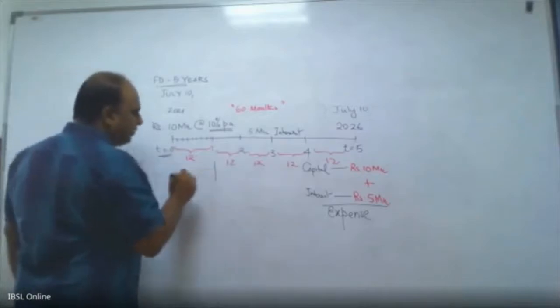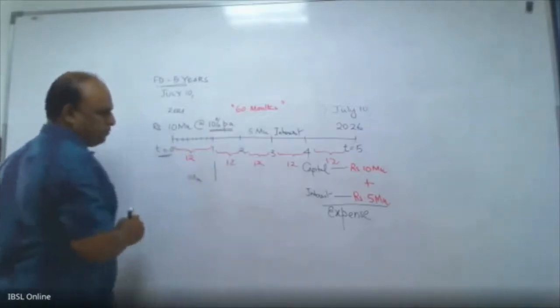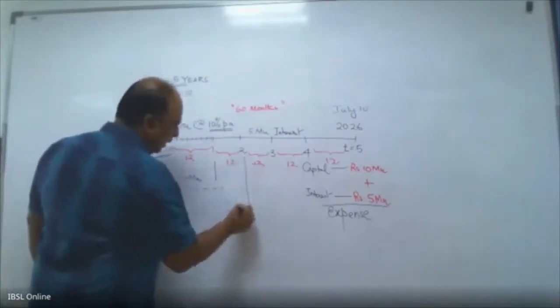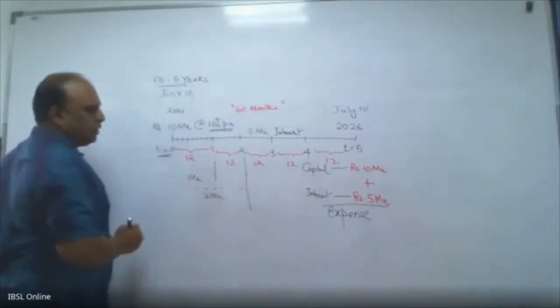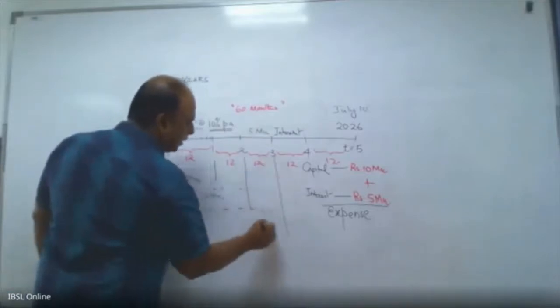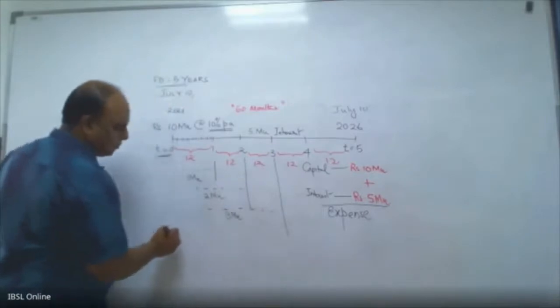By the end of the first year, you would have allocated 1 million. When you reach the second year, you have allocated 2 million. When you reach the third year, 3 million.